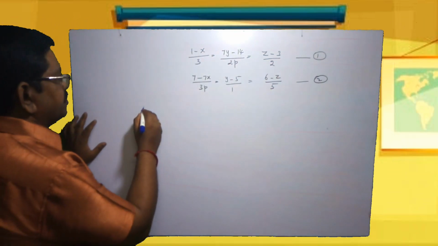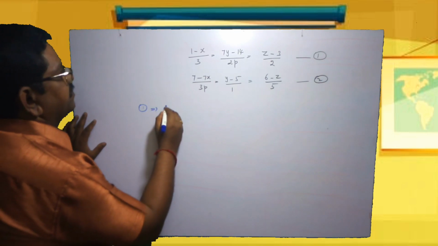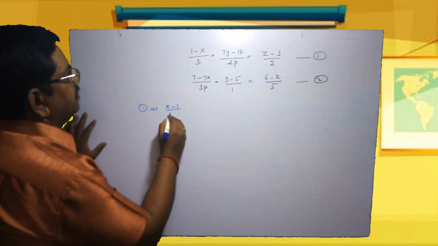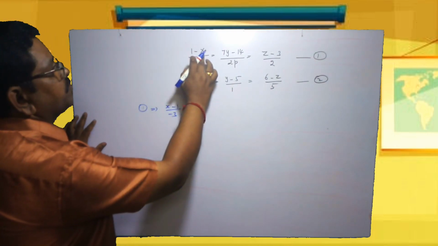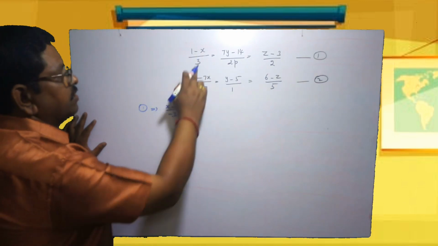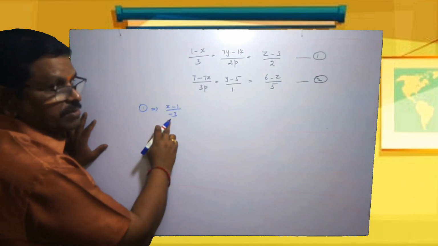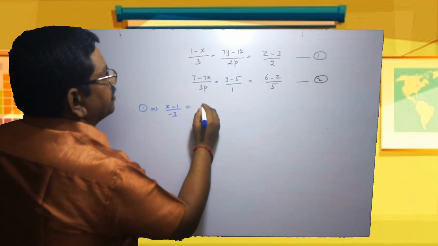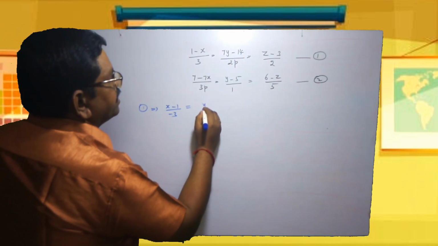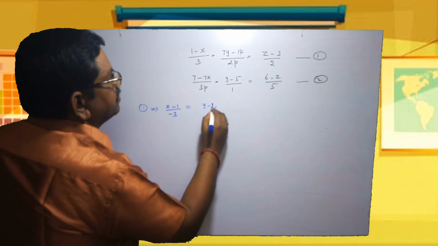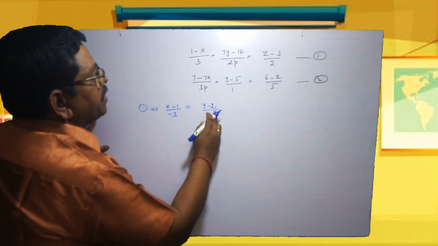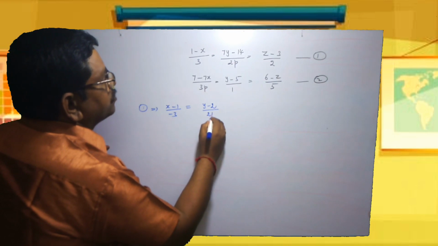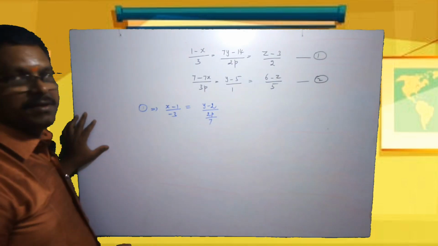So we are changing the equations in this way: (x minus 1) by minus 3. I take this minus with x, so that x becomes positive, and the minus I bring down, is equal to, from this we want only y, so we can divide the numerator and denominator by 7, so that the numerator will become y minus 2 and here it will become 2p by 7.